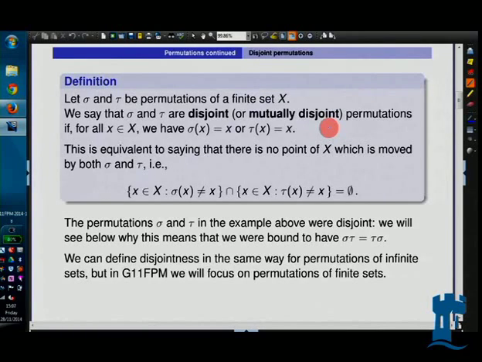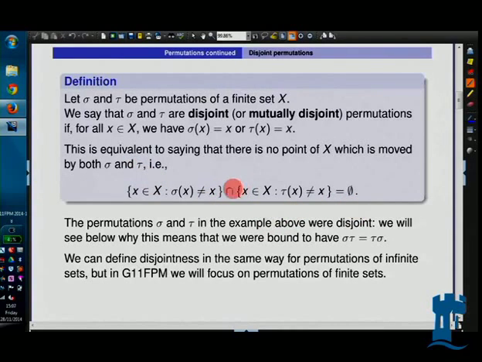You look at where these permutations are actually doing anything. It's not very interesting where they're leaving stuff the same. So you look at where they're actually doing something, and if there's no overlap between those, then they're disjoint. In set notation, you look at those x's which are moved by sigma, and those x's which are moved by tau, and they shouldn't overlap. So it's a different set of things that get moved, if there are any that get moved at all.